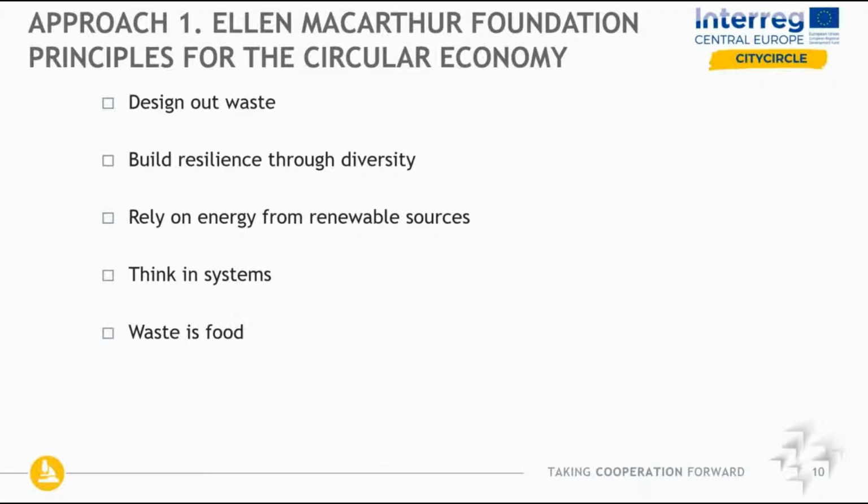The most popular approach is probably the one from the Ellen MacArthur Foundation. It is not only dedicated to businesses, but it concerns the businesses, and it builds on those 5 principles: design out the waste from the beginning of the conception of the product, build resilience through diversity, rely on energy from renewable sources, think in systems, and use the waste from different products or the food for other ones.